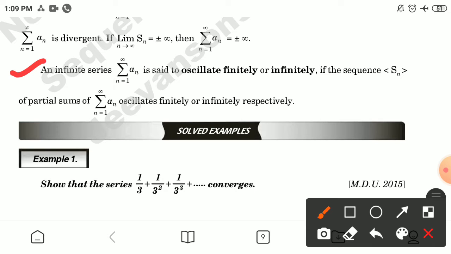An infinite series summation an is said to oscillate finitely or infinitely if the sequence Sn of partial sums of summation an oscillates finitely or infinitely respectively.